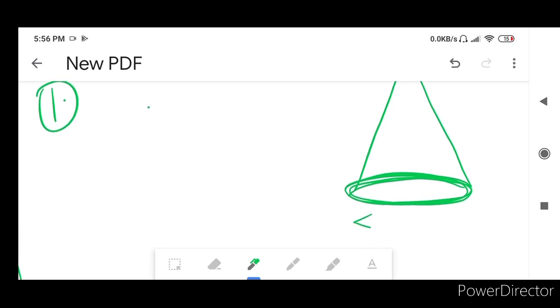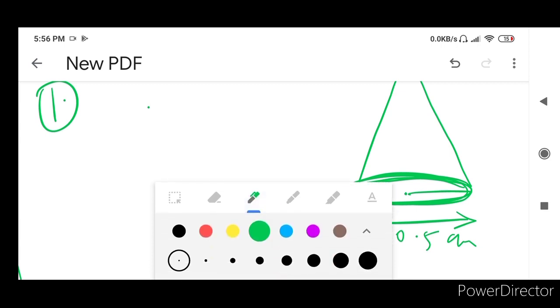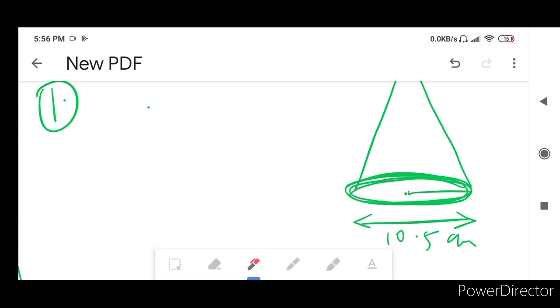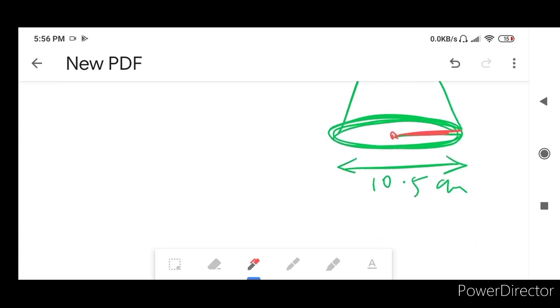This diameter is 10.5 centimeter, clear. So what will be its radius? Its radius will be d by 2. Okay, we will do it in the question.